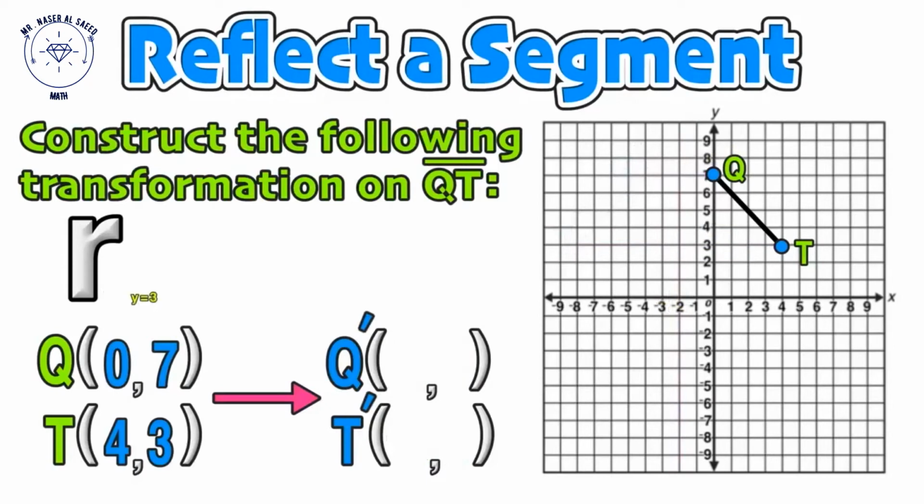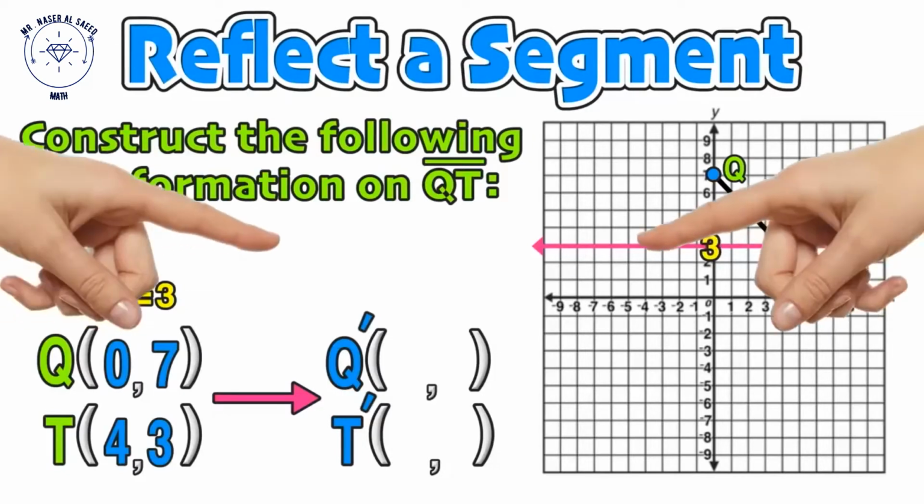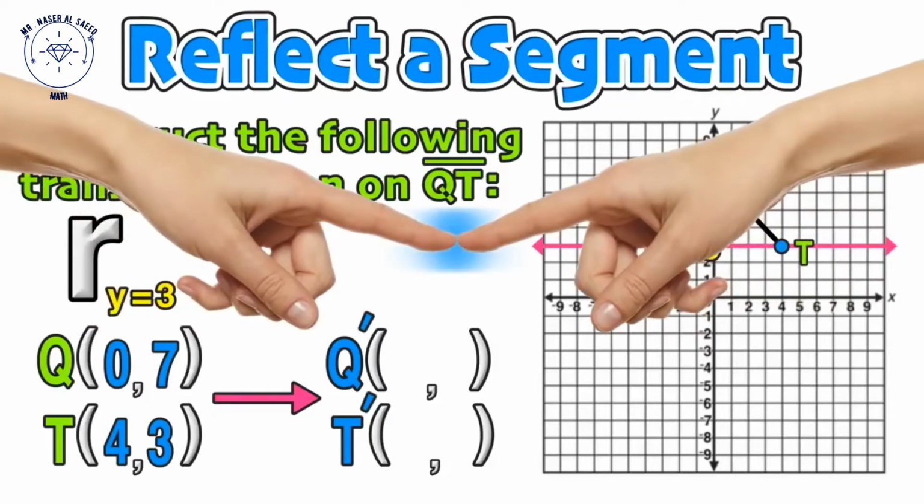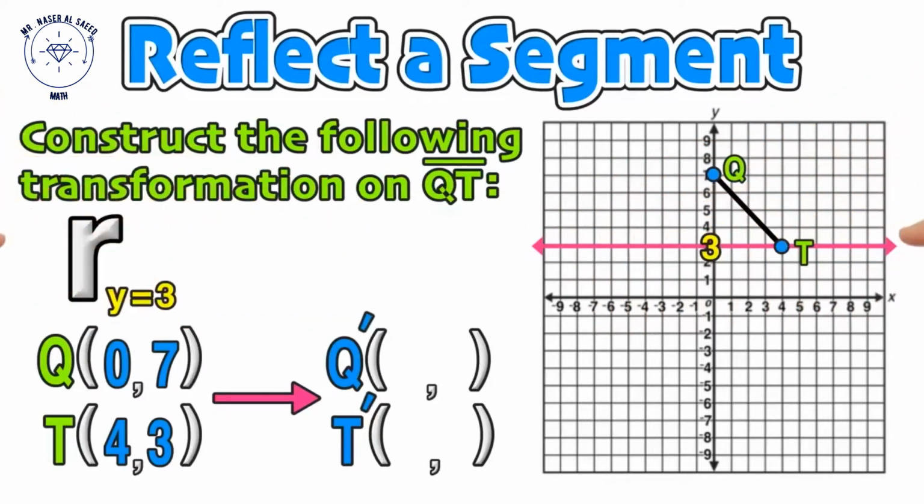Now we can go ahead and try to reflect line segment QT over the line of symmetry y equals 3, a horizontal line equation. Note here the point T is directly on the line of symmetry, just like placing your finger up against the surface of a mirror, and having another hand directly touching it.